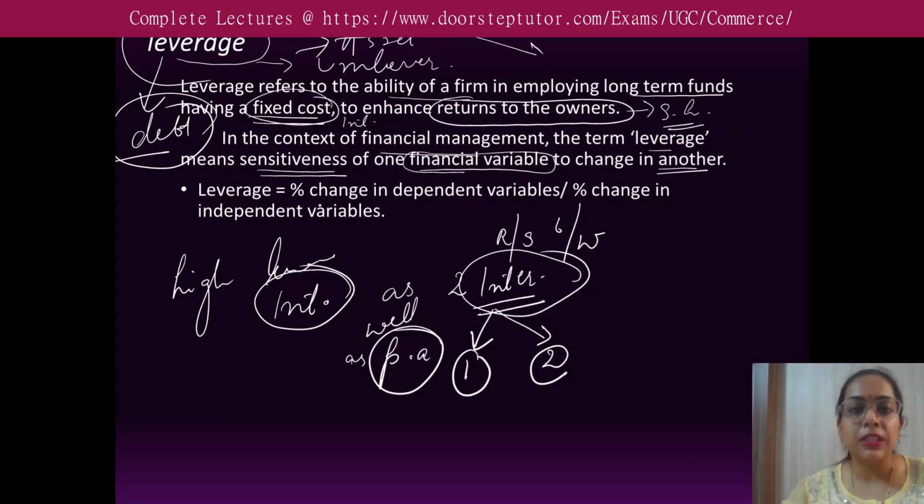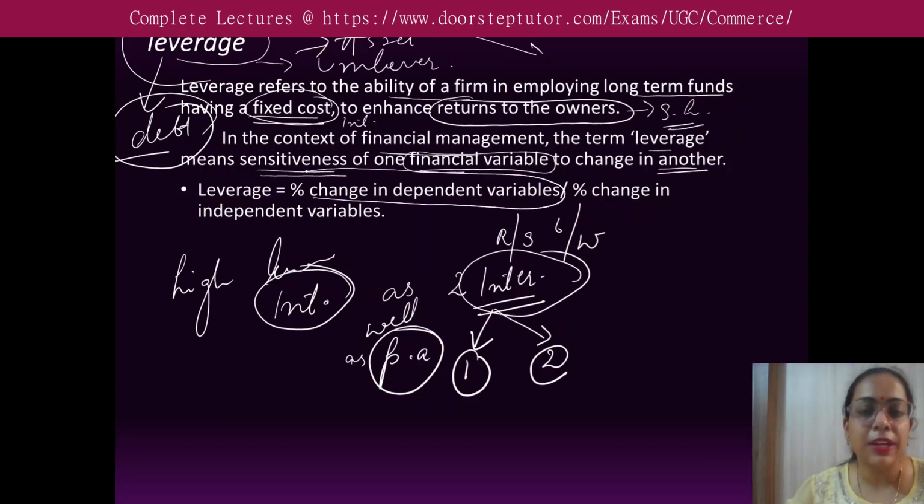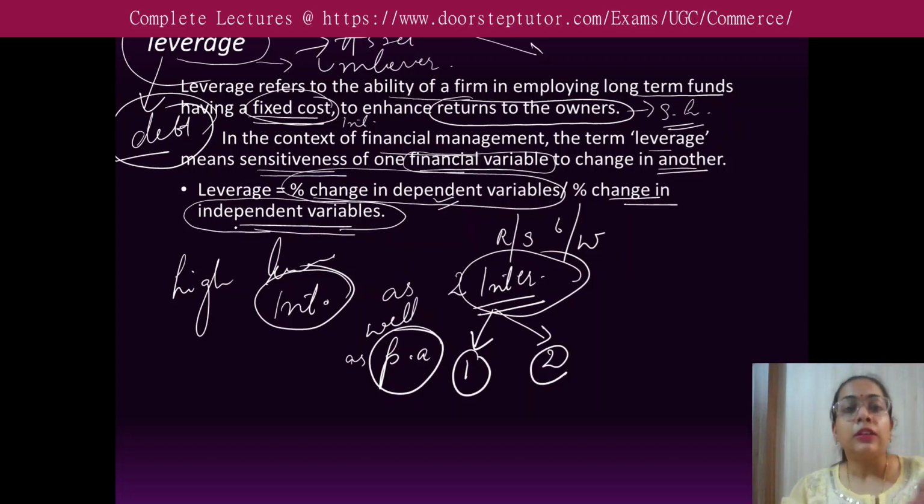So leverage is the percentage change in the dependent variable, the variable which depends on another variable, divided by the percentage change in the independent variable, the variable which we changed. So how the change in one variable impacts another.